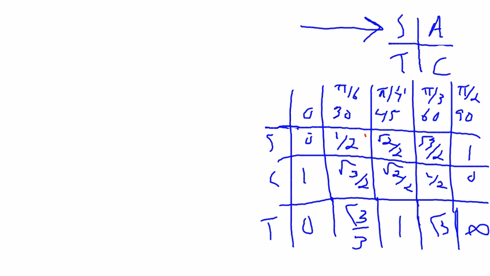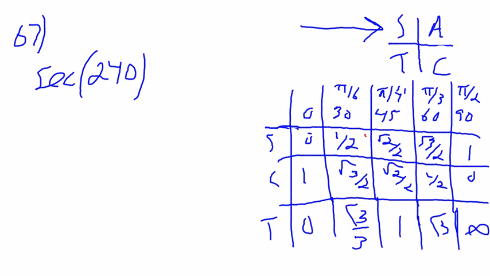Alright, the last one I'm going to do for you guys is number 67. It says to find the secant of 240. So here you need to use the relationships between sine, cosine, tan, and their reciprocals. So secant 240 is equal to 1 over cosine 240. So I need to find the cosine of 240, and then if it's a fraction, flip it.